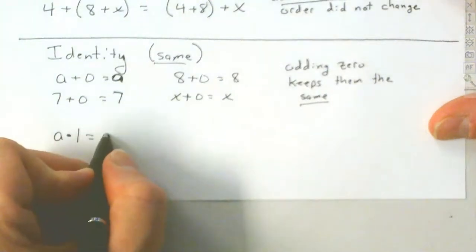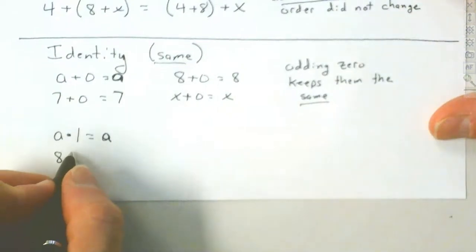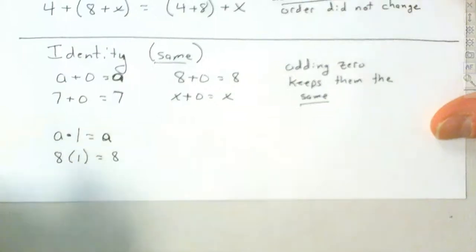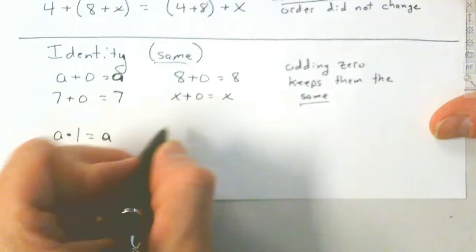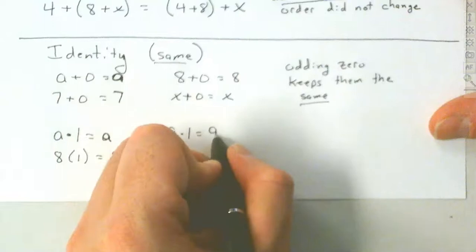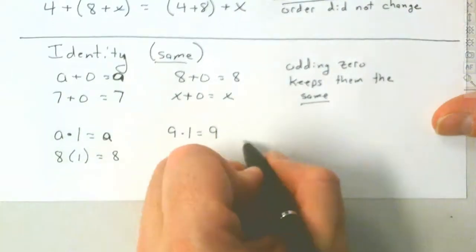So A times 1 is still what? A. 8 times 1 is still what? 8. You can use parentheses if you would like, or just use a multiplication dot. Remember, they are the same. So 9 times 1 is still what? 9. When you multiply by 1, it stays the same.